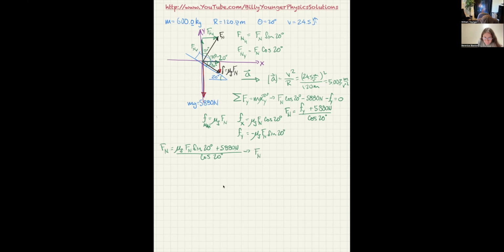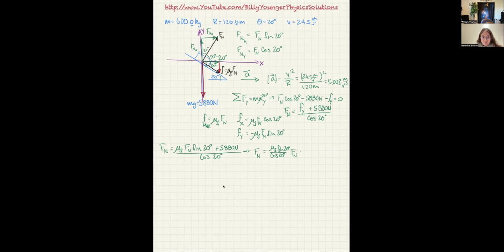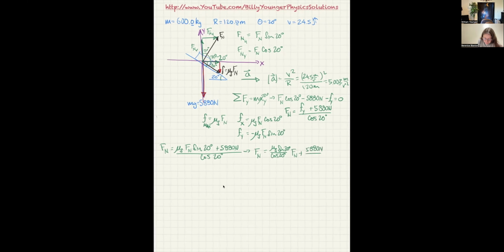Let's do Fn. I'll just break it up as a separate fraction. I'm going to say Fn is equal to mu s over cosine 20 degrees times sine 20 degrees times Fn. So that's the first term of that fraction, mu s times sine 20 over cosine 20, and then plus 5880 newtons over cosine 20 degrees.